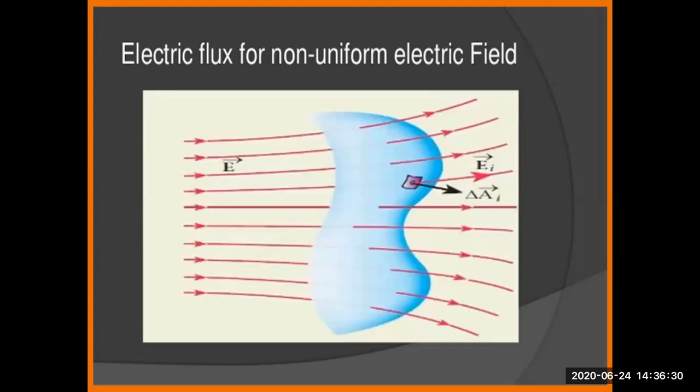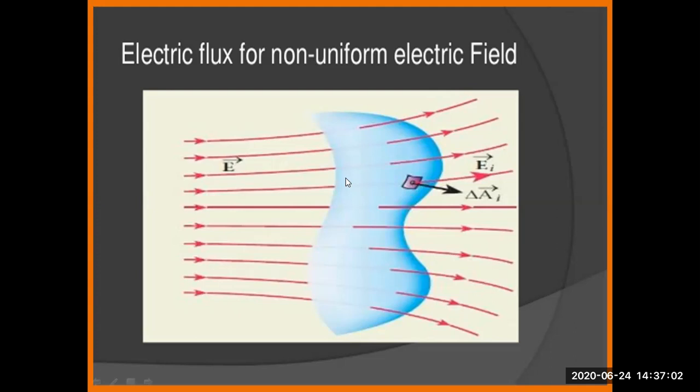Look at this: electric flux for non-uniform electric field. Now this field is not uniform, so the rays are diverging from the point, and these are passing through a very irregular shape. You don't have a rectangular shape. This shape is not regular. So how will you get this? You will have to divide this area into very small pieces.